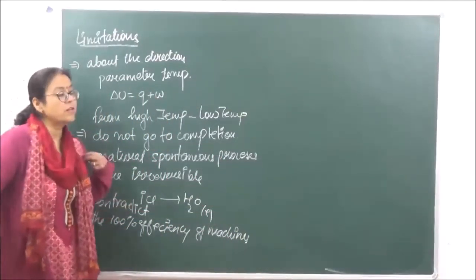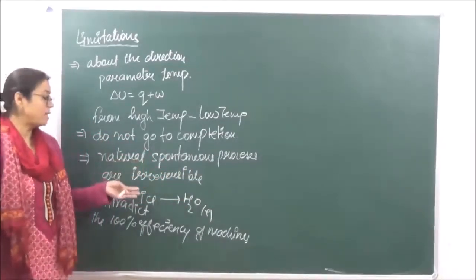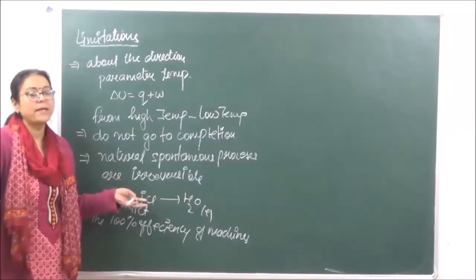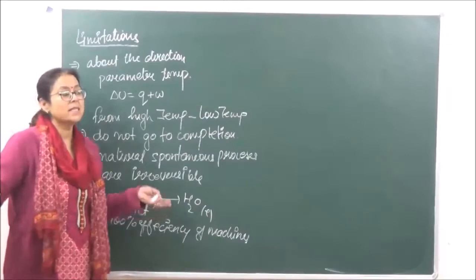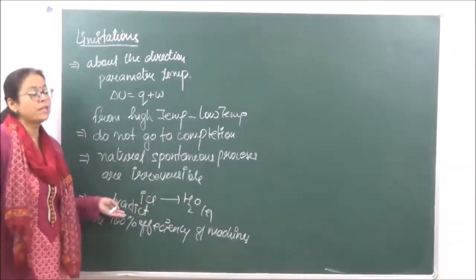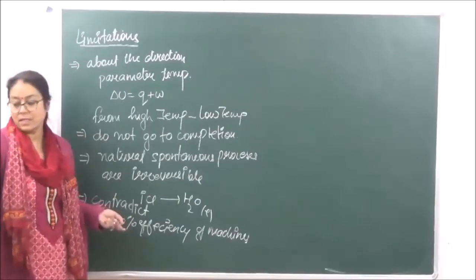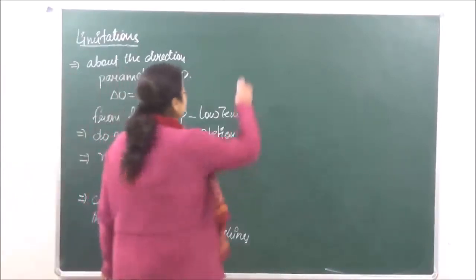So according to first law of thermodynamics, any machine, or whenever any mechanical change is taking place, the efficiency should be 100%. But in practicality, it is seen that none of the machines they show 100% efficiency, so it does not contradict this statement. ठीक है? And finally, the differences between spontaneous and non-spontaneous processes.